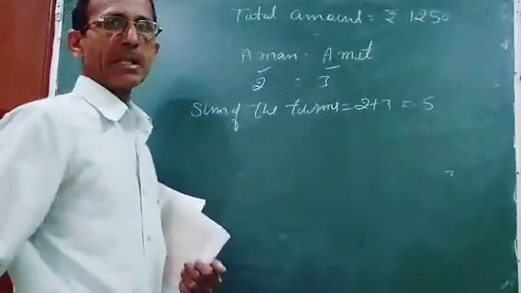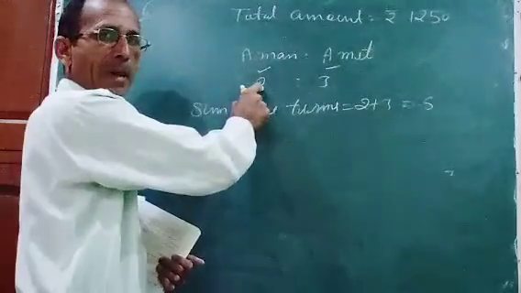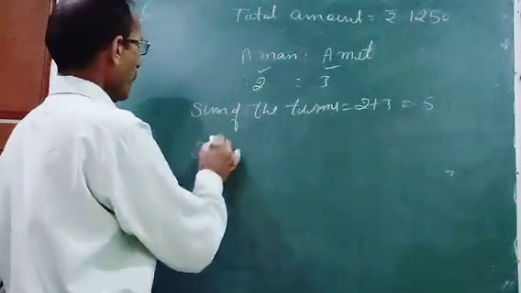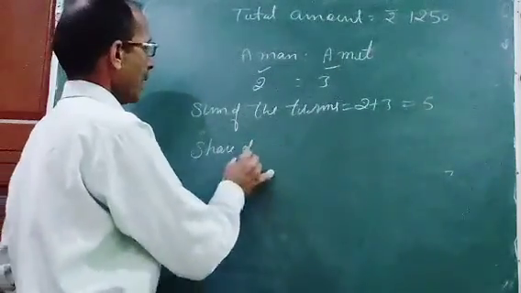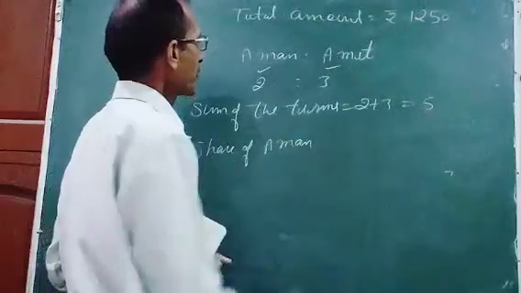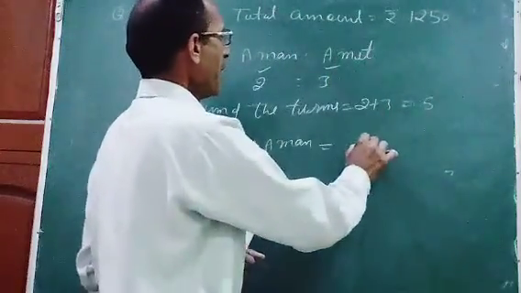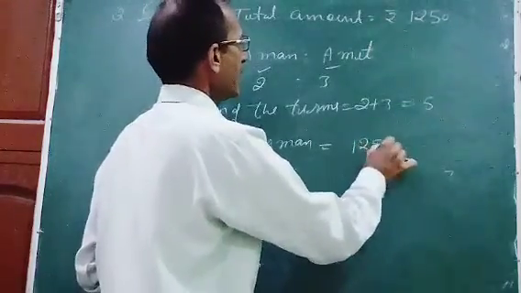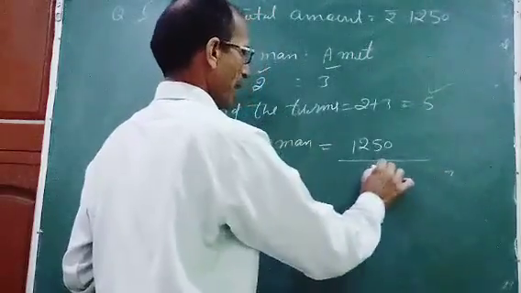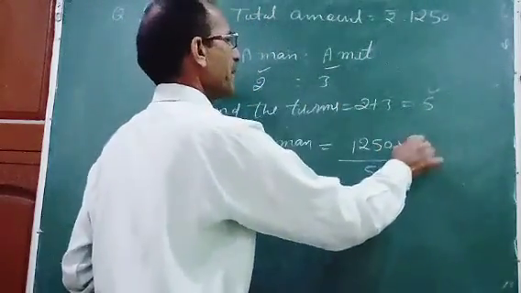Total amount 1250. Share of ratio of Aman is 2 and Amit is 3. So we have to find the share of Aman. Total amount we take 1250. The sum of the terms is 5 and the ratio of Aman is 2, so multiply by 2.